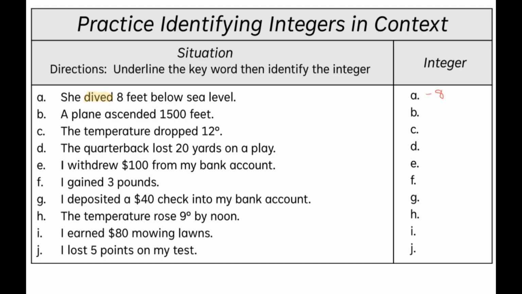Now let's look at letter B. A plane ascended 1,500 feet. A plane ascended. So let's first highlight the word ascended. This is our keyword, meaning that it will be a positive. So the answer for letter B will be 1,500.